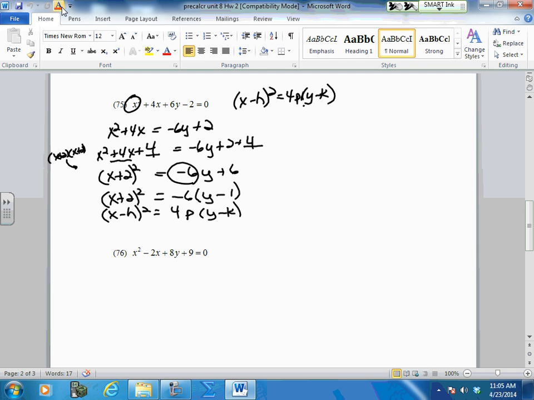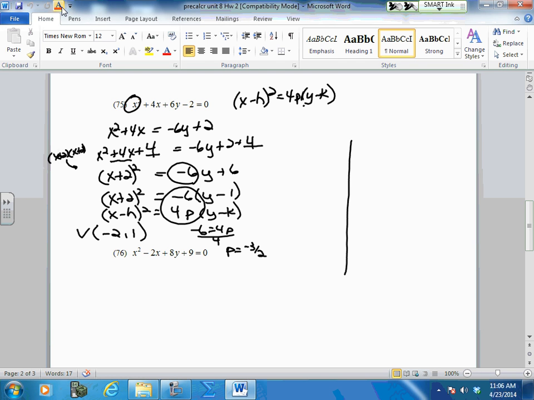If you forget the p part, you kind of are going to get stuck on your focus and your directrix. So what's your vertex for this guy? Negative 2, 1. Notice it comes out the opposite way. And negative 6 is equal to 4p. So I'm going to reduce this. So p is equal to negative 3 halves. Negative 3 halves is just negative 1 1/2.